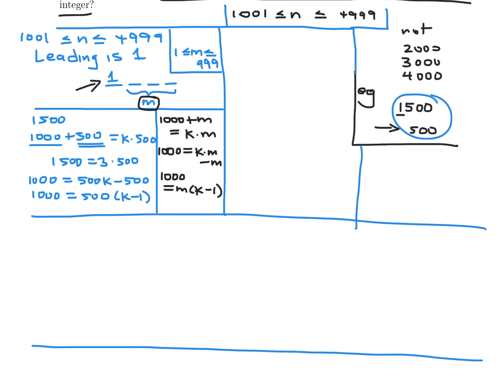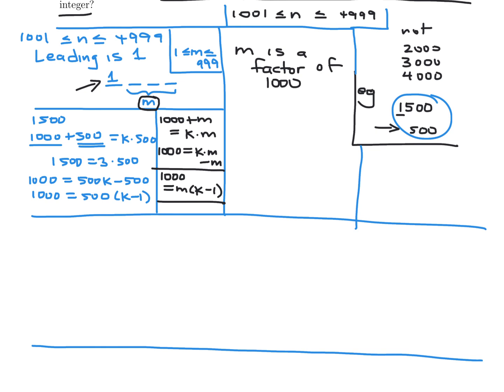Okay, I think that's a good start. So let's see now. That means that in order to get m, it has to basically be a factor of 1,000, according to this guy right here. Okay, so what are the factors of 1,000?